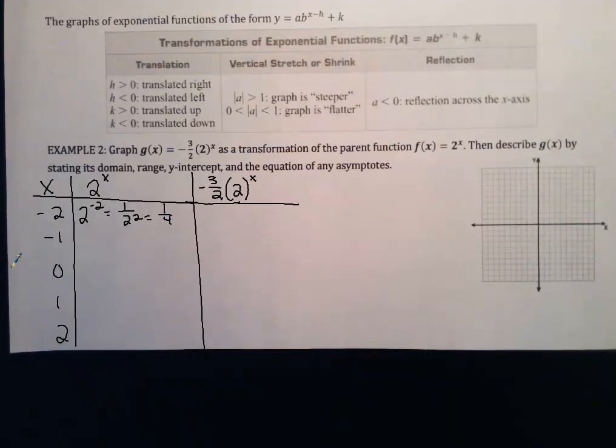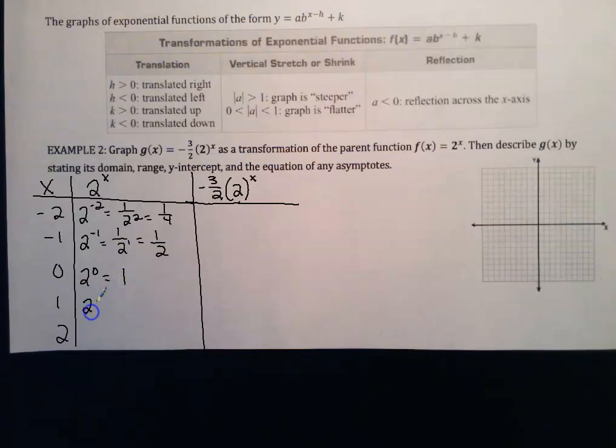So then what's our next one going to be? 2 to the negative 1, which is 1 over 2 to the first, which is 1 half. Awesome. All right. 0, anything to the power of 0 is 1.